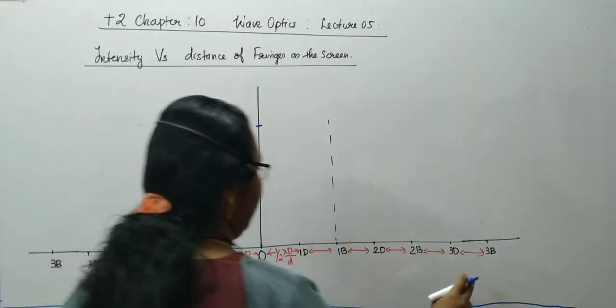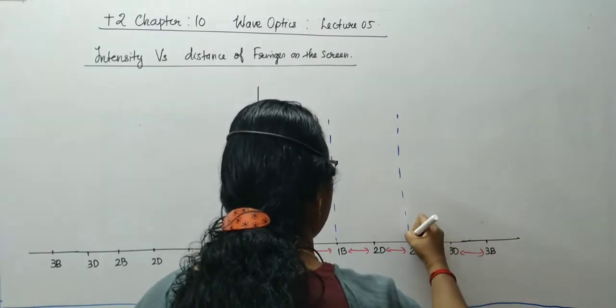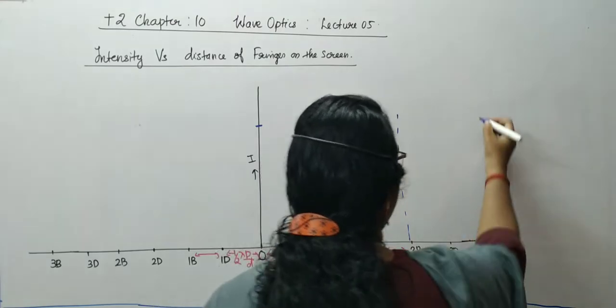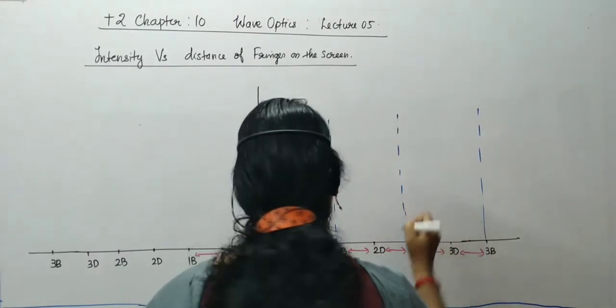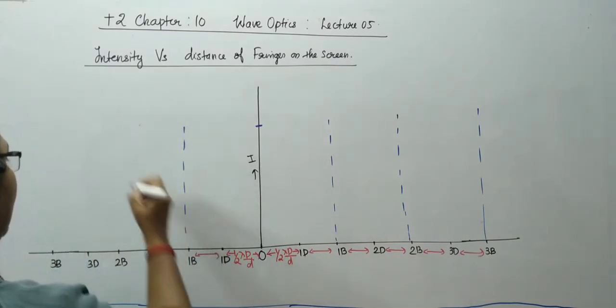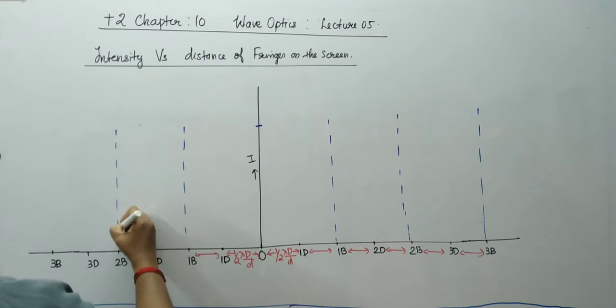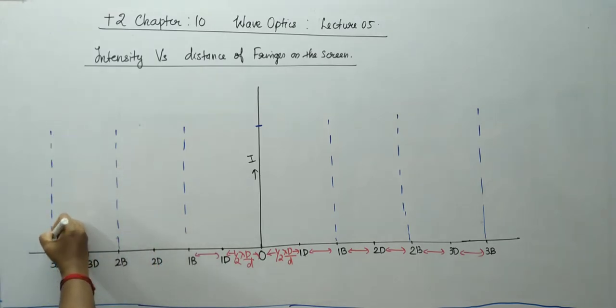Second dark, 0 intensity. Second bright, maximum intensity. Minimum intensity, maximum intensity, and so on. On the other side also, brightness is maximum intensity and darkness has no intensity. So how to plot the graph?